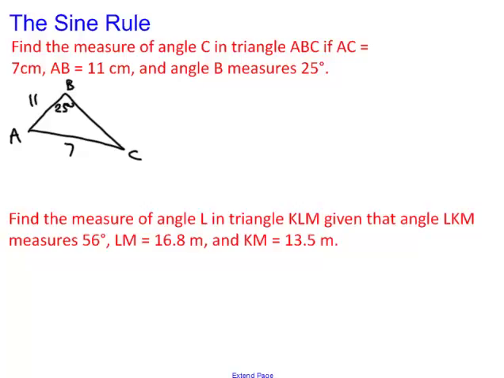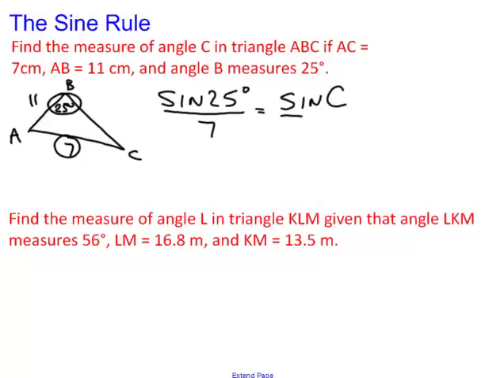Now, using the law of sines, or the sine rule, to solve this, we could say that the sine of 25 over 7, this angle over this side, equals the sine of C over 11. So pause the video, solve that for angle C, and see if you can figure out what that might be.